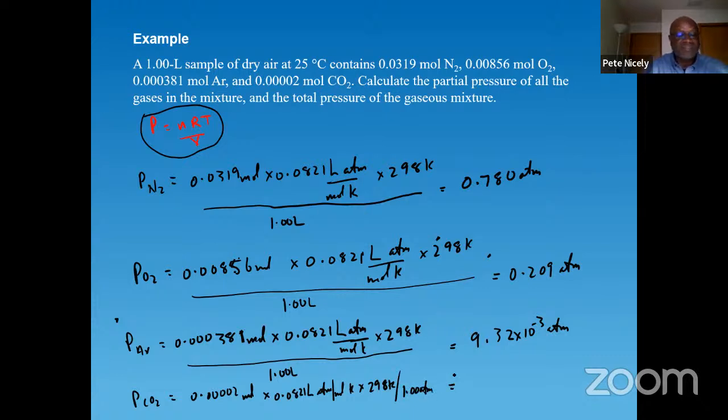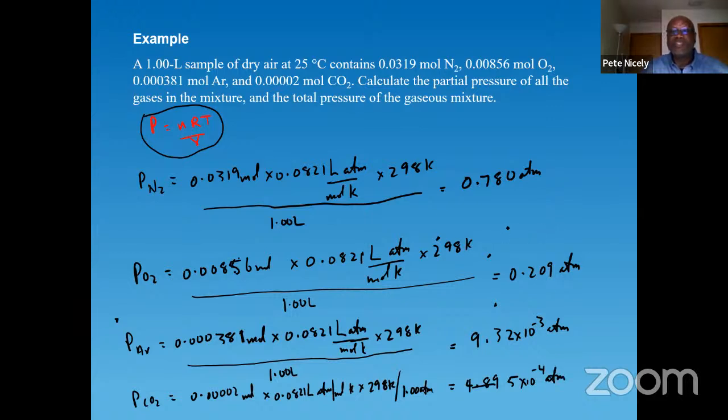That gives 0.00002 times 0.0821 times 298 divided by 1, so 4.89. Actually, rounded off to 1 sig fig, that should be 5 times 10 to the minus 4 atmospheres.